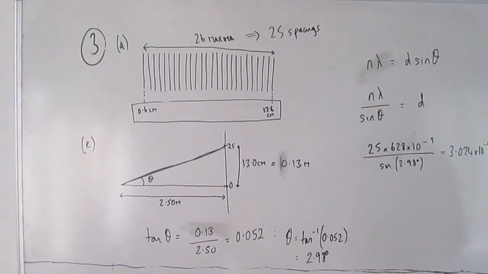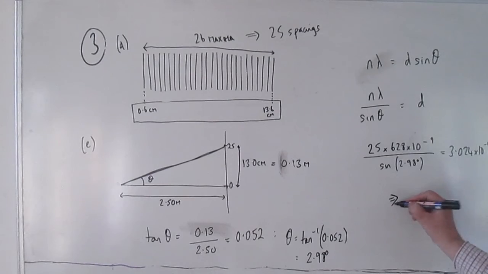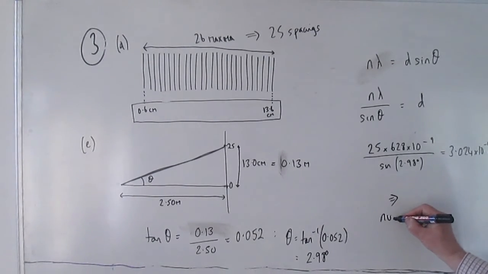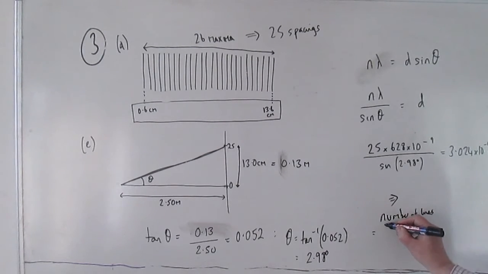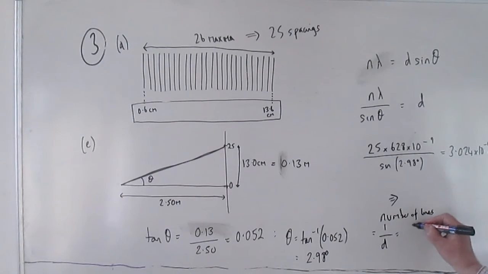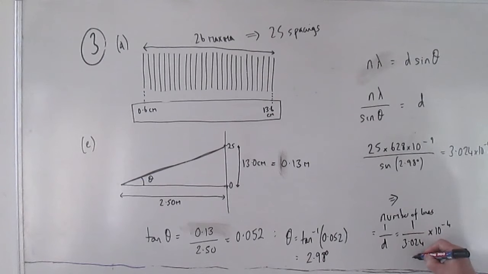So that's equal to d, which, because they ask us for the number of lines, implies that the number of lines, which is equal to 1 over d, is 1 over 3.024 times 10 to the minus 4, which works out as 3,300 lines per metre.